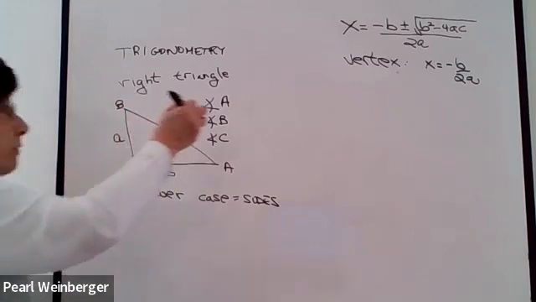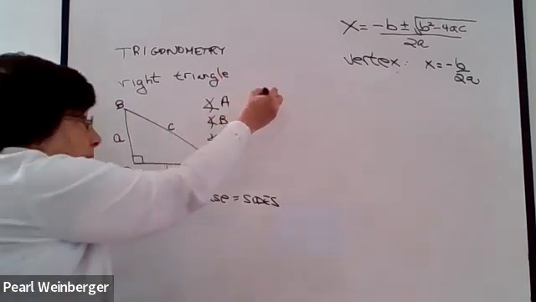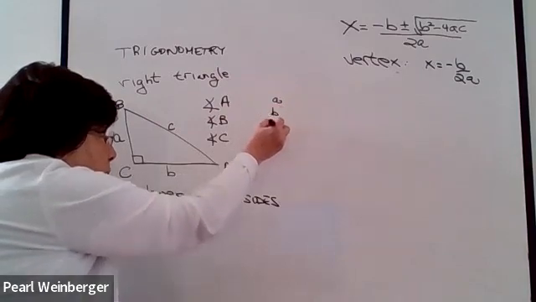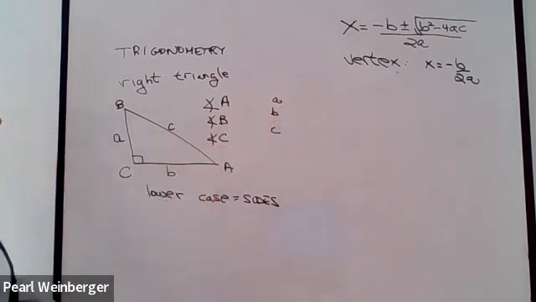We'll then have our three angles, and now we'll have our three sides, small a, small b, and small c. And it's just easier when you're looking at a picture to focus in on a particular side or angle if all you have to do is look for one letter.